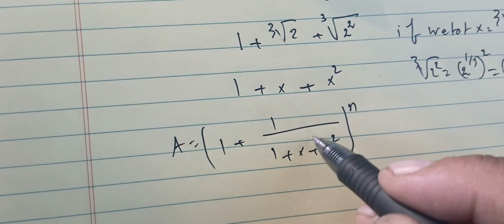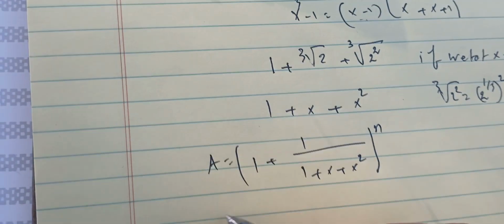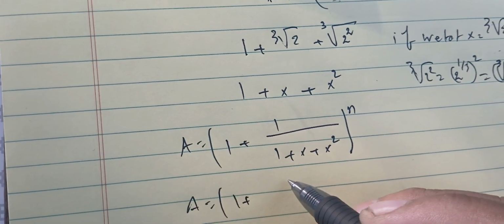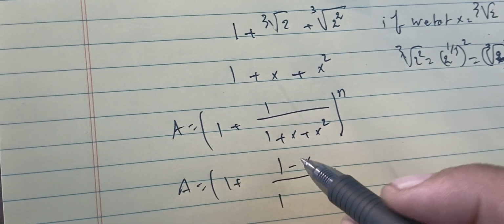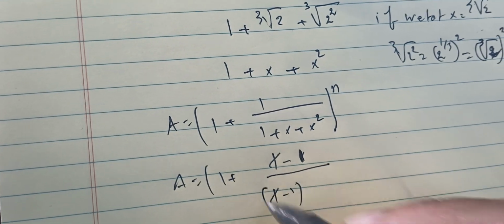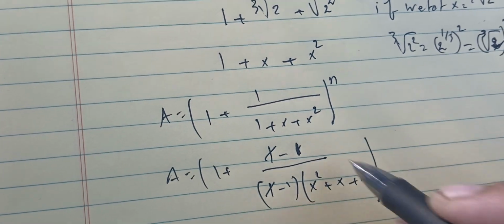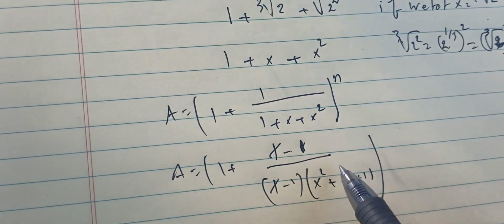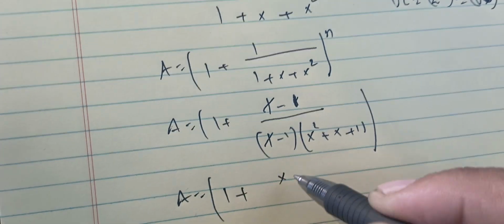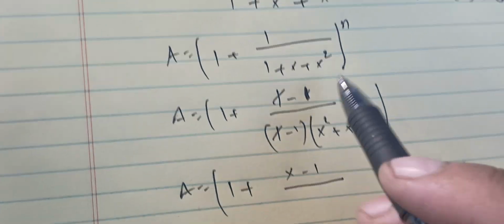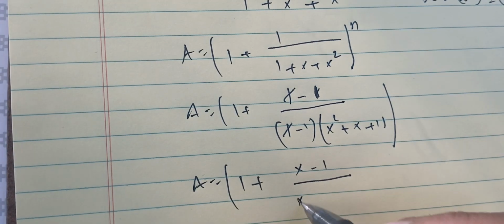Here we use this fact: if we multiply top and bottom by x minus 1, times x squared plus x plus 1, the bottom becomes x cubed minus 1.